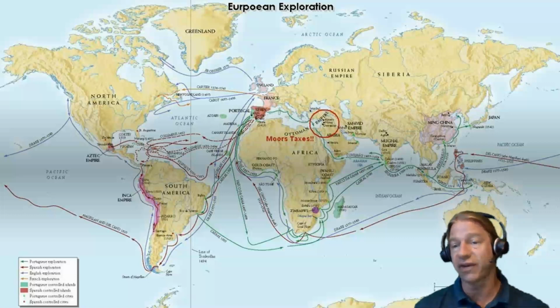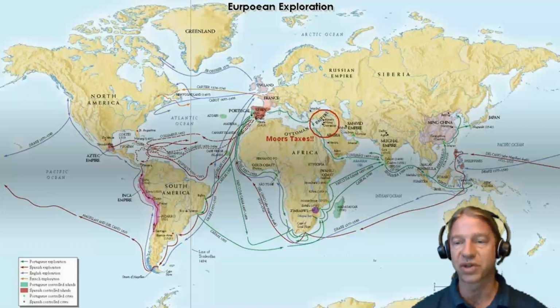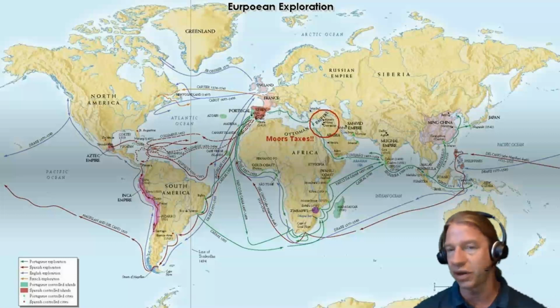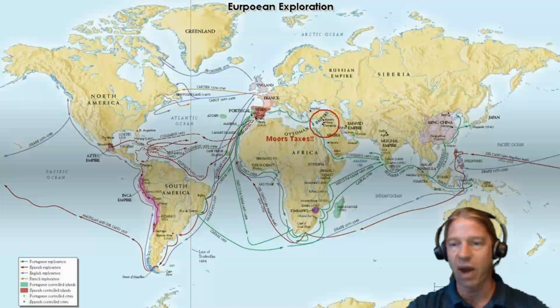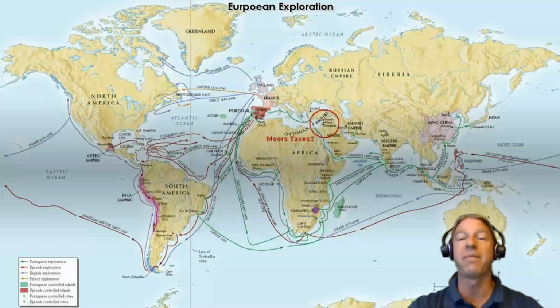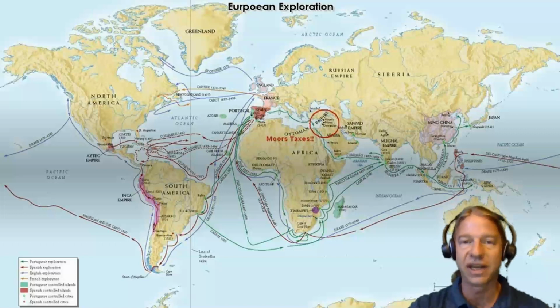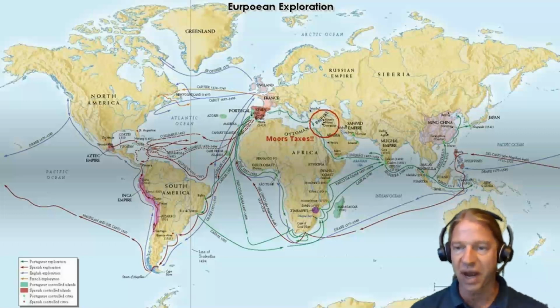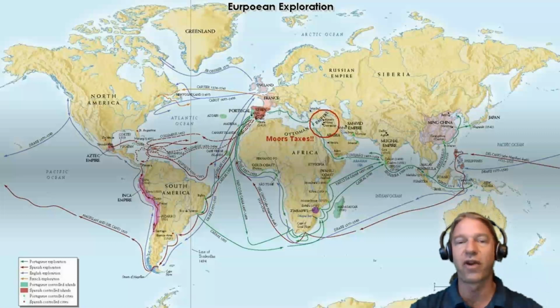With the explorations of Columbus, which began, of course, in 1492, and of course we know Columbus was seeking a trade route with Asia. He did not actually know that the Americas existed. And his voyage was commissioned by the King and Queen of Spain, Ferdinand and Isabella.